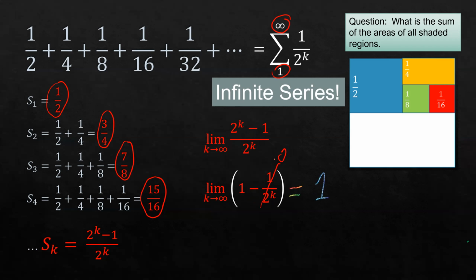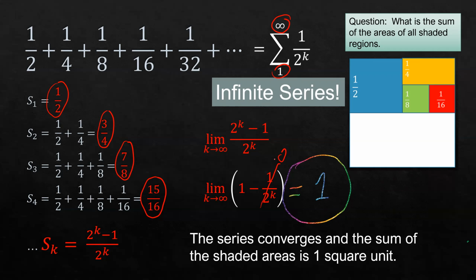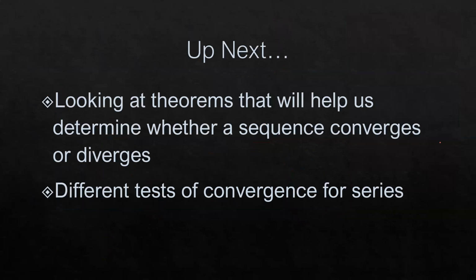So we will have 1 as our limit. So then we would say the series converges, and the sum of the areas is 1 square unit if the original area is 1. How nice.